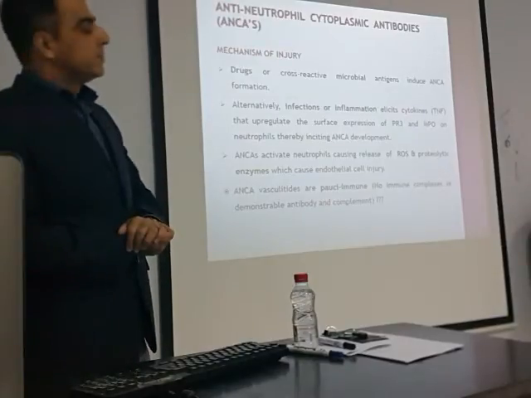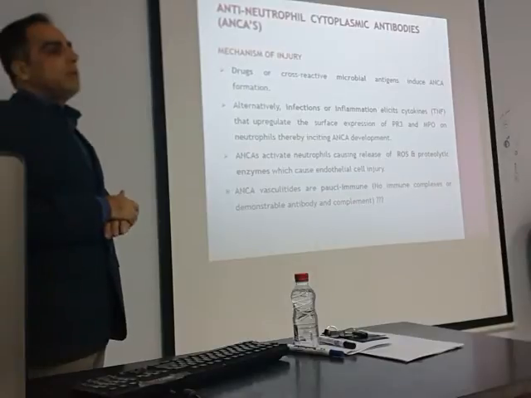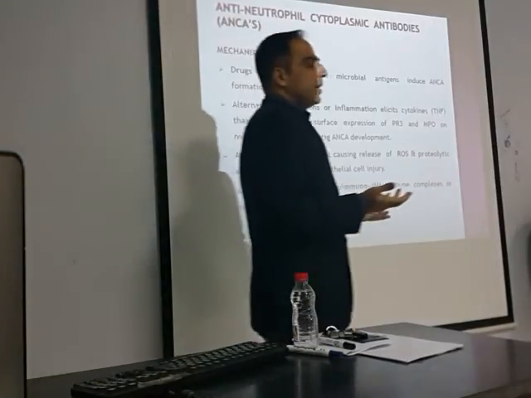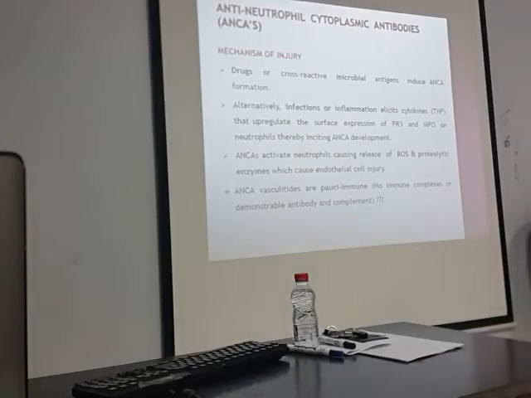Now how do they act? Normally the body is behaving very nicely, but suddenly it starts forming antibodies against the neutrophils, against the lysosomes of these monocytes. Why? Sometimes the person takes a drug or there is some infection. So cross-reacting antibodies are formed. You got it?